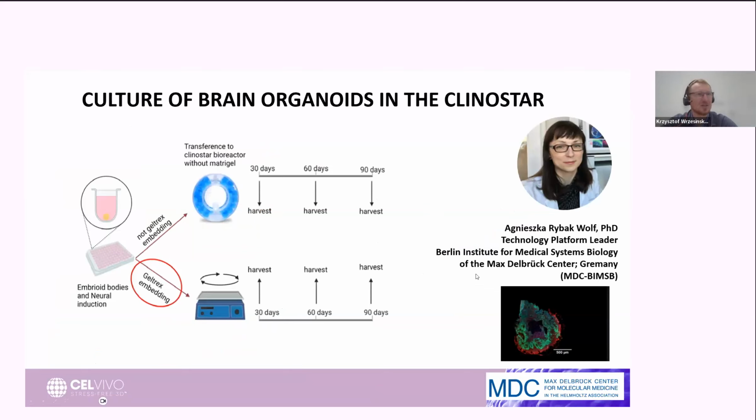Here I can show you a short slide from research by Agnieszka Rybak from the Max Delbrück Center in Berlin, where they used the clinostat to create a construct without the need for ECM-like gels, like Geltrex in this case.